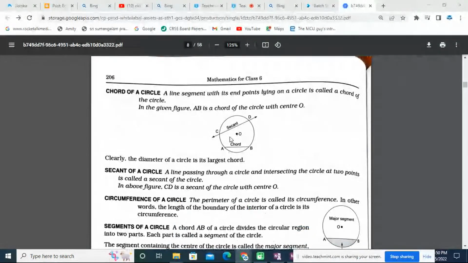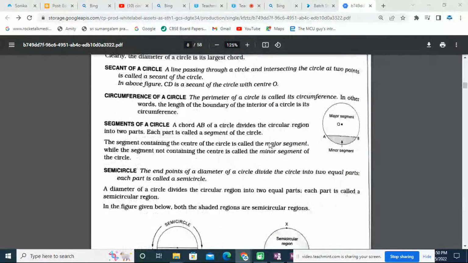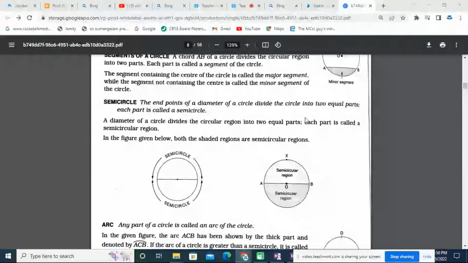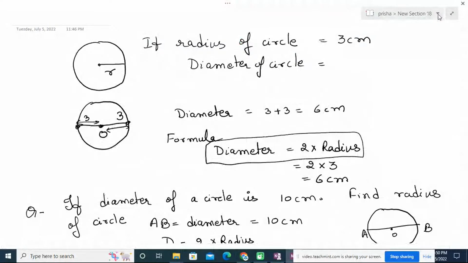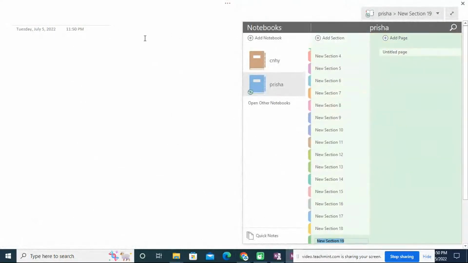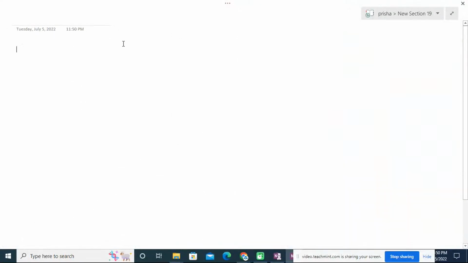Now, secant and chord, they do not pass through the center. Now, circumference of circle, major segment, minor segment, and semicircle, I'm going to explain that. Firstly, I'm going to explain to you, there are two types of segments in a circle.